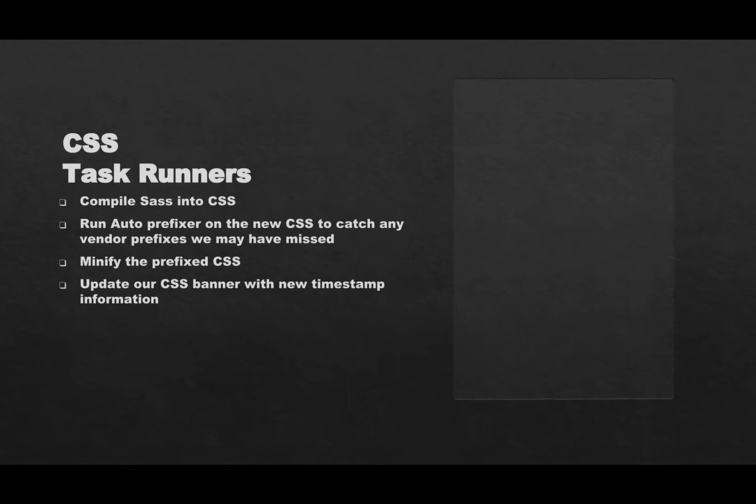Task runners are mainly used in CSS for compiling SASS or CSS code into CSS, and then running autoprefixers on new CSS to catch any vendor prefixes we may have missed, minifying these prefixed CSS files, and then updating our CSS banners with new timestamp information.